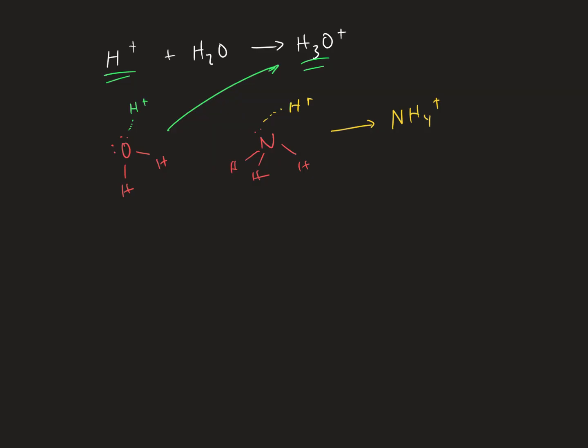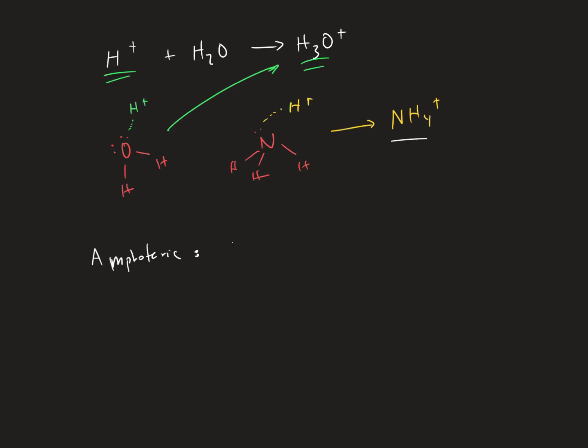So let's look at some examples of amphoteric. Sorry, just to clarify, H3O plus is an acid? Yes. Why is that? It has an extra H plus that it can donate, so it's an acid.